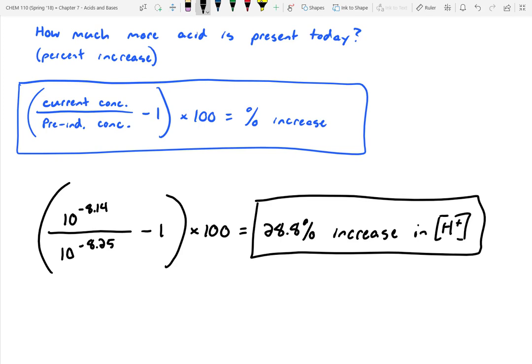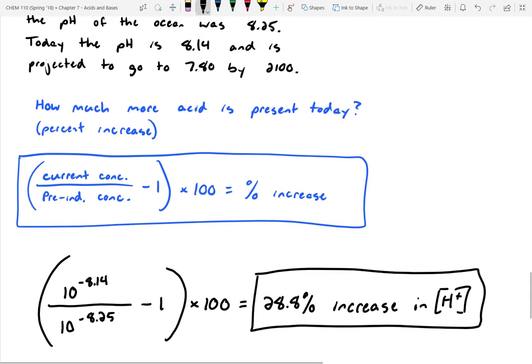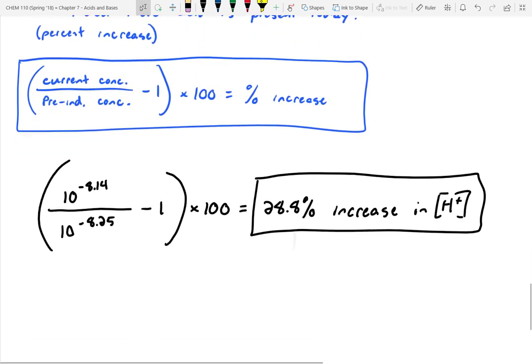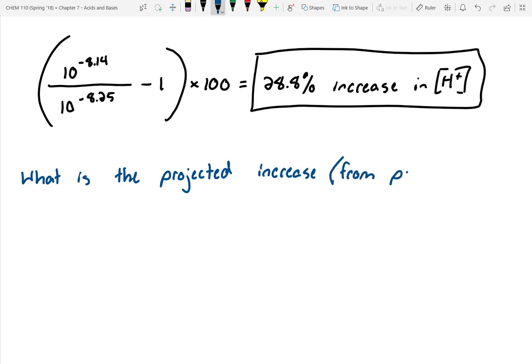Now we get to do the projection for the future. So what I want to do now is, with this one, we looked at today's pH. Let's do the projected pH of 7.8 that we're expecting by 2100. Pre-industrial, yeah.